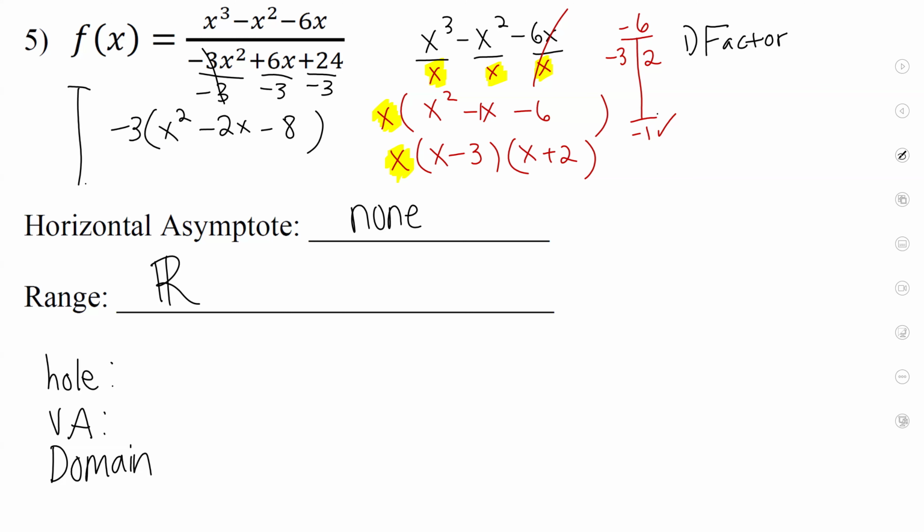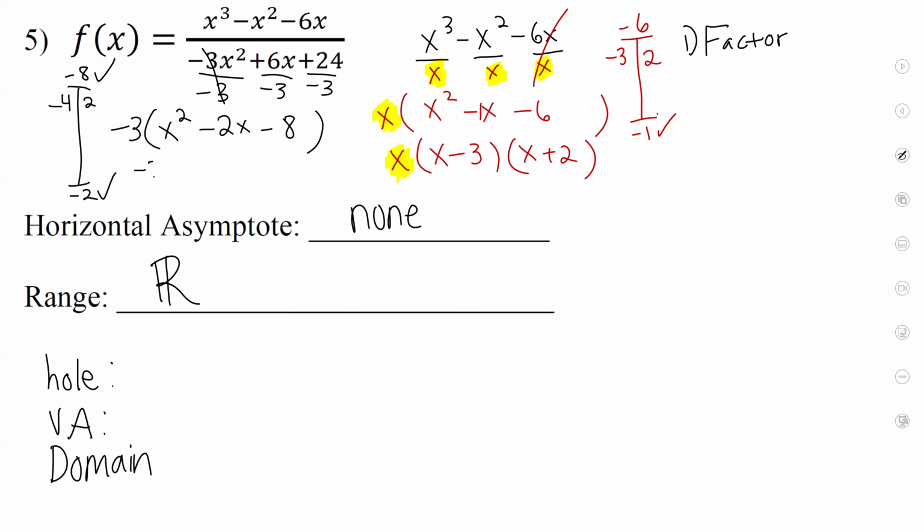Two numbers that multiply to -8, but add to -2. What are they? -4 and 2. -4 times 2 is -8. -4 plus 2 is -2.